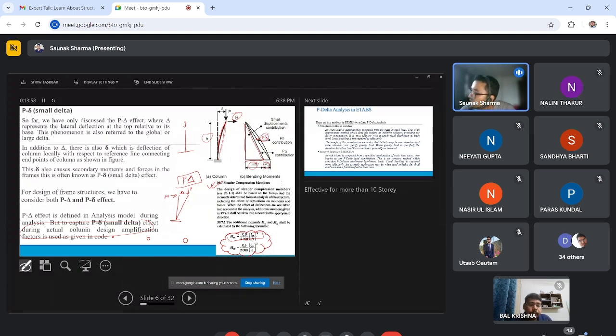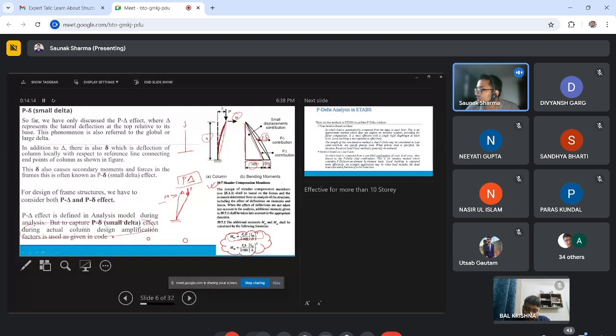It will not laterally deflect. But when the force is acting on an inclined member, it will tend to deflect more. So this P delta is an iterative process.